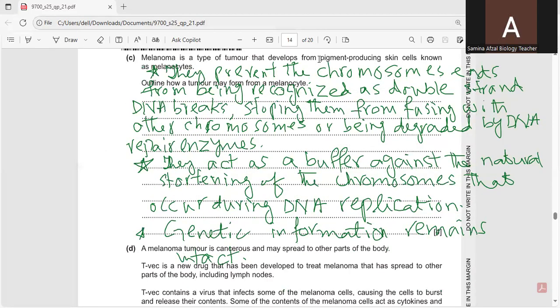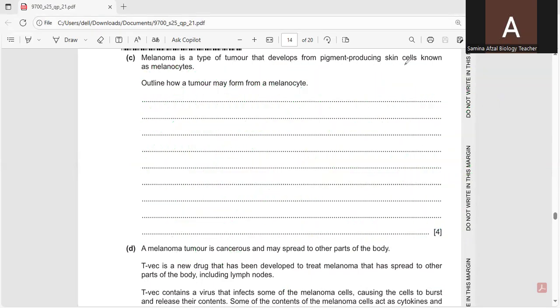Question: Melanoma is a type of tumor that develops from pigment-producing skin cells known as melanocytes. Outline how a tumor may form from a melanocyte.